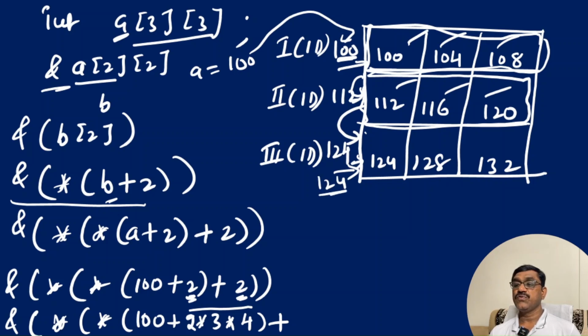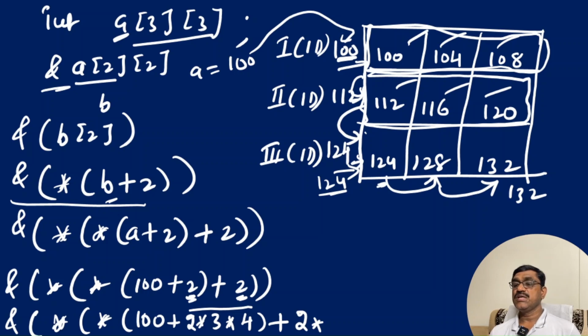From this 124, we are moving two locations again, further like this. Means we are indirectly reaching 132. So two locations we are moving from here to here, meaning 2 into, you write, two locations. 2 is nothing but the number of locations, 2 elements.